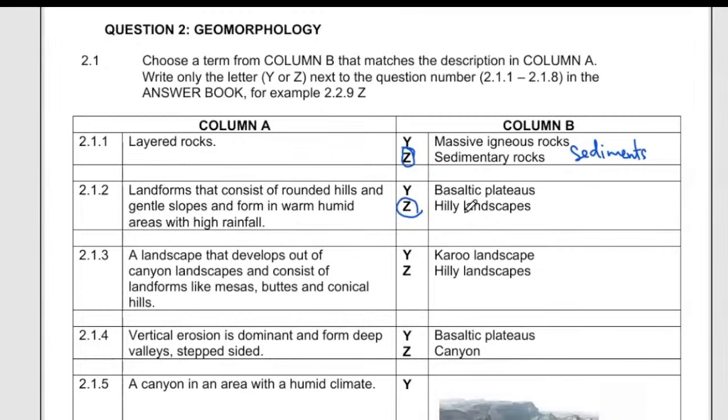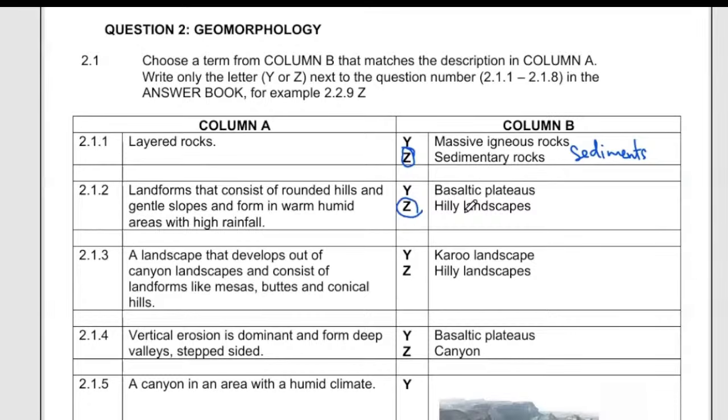Where there's high rainfall, there's dominance of chemical weathering, which results in the formation of gentle slopes. But where we have dominance of physical weathering, we tend to find those hilly landscapes with rugged slopes. They won't have gentle, smooth slopes, but they will have rugged slopes because of the nature of weathering that takes place.